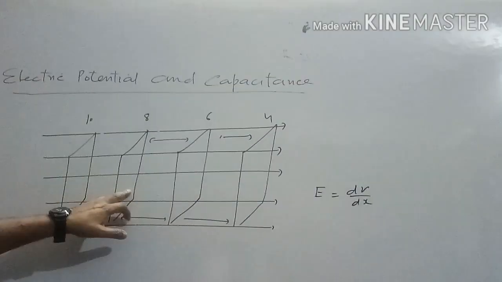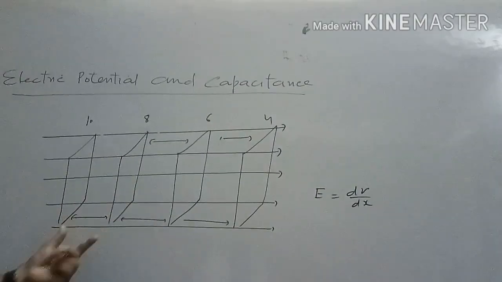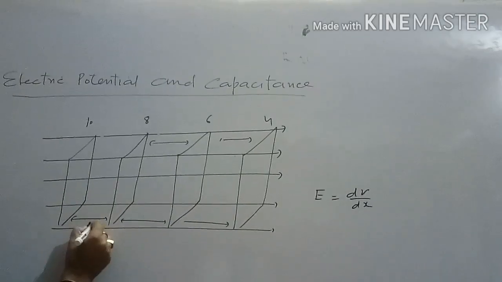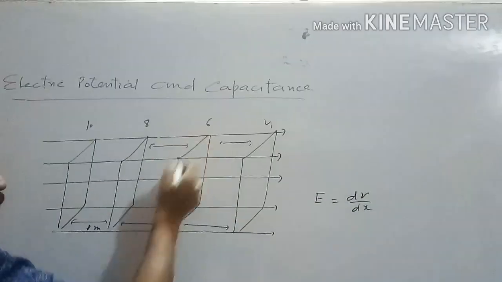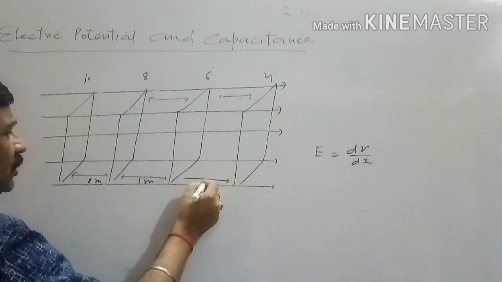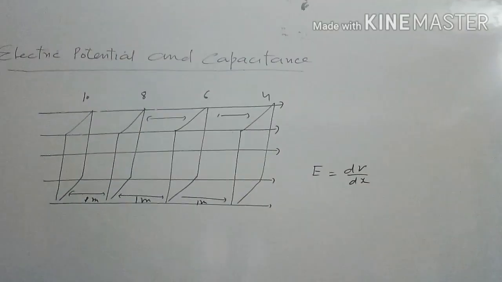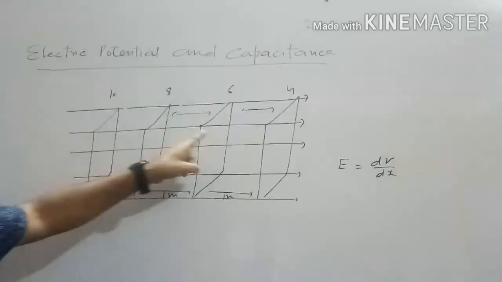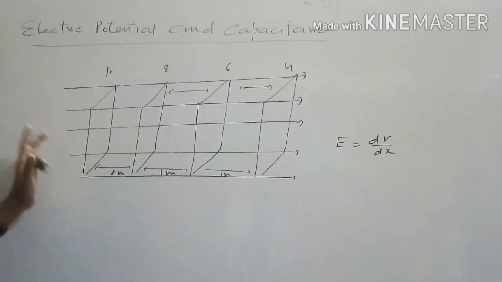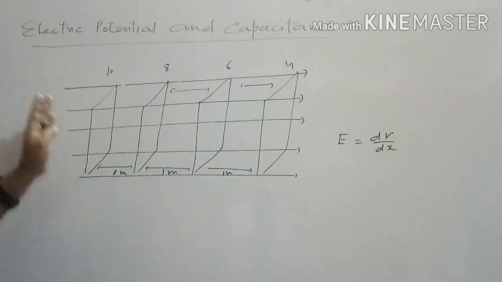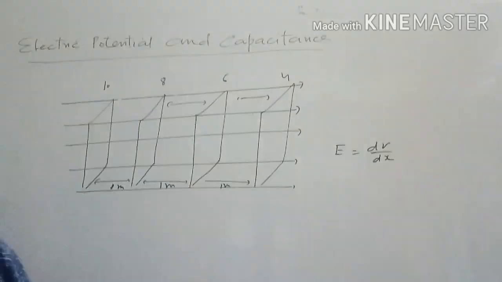For these two surfaces, potential difference is 2 and separation is 1 meter. So if we have a uniform electric field region and want to draw equipotential surfaces, they will be planes perpendicular to the lines at equal distance.